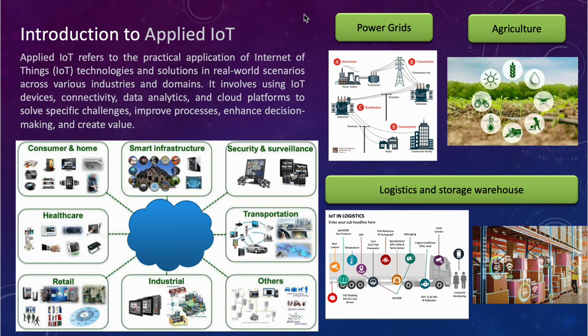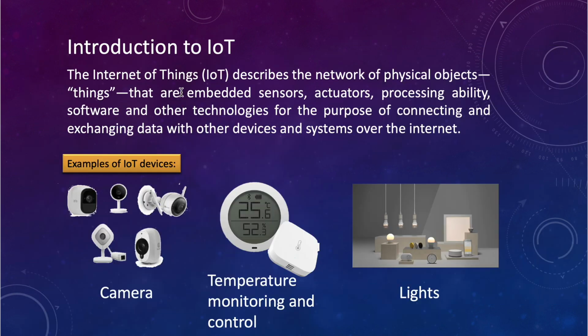So we can now see that the application of IoT is endless. An IoT device would have sensors. We talked about this in the introduction to IoT: it would have sensors, actuators, processing ability, software, and other technologies.